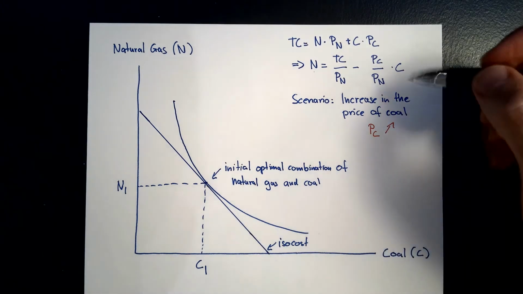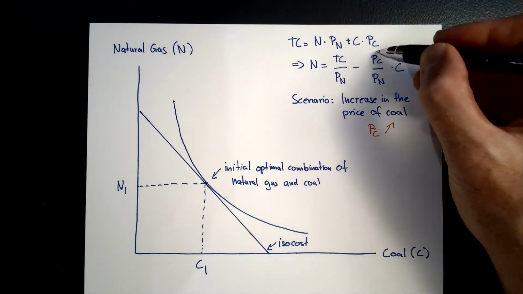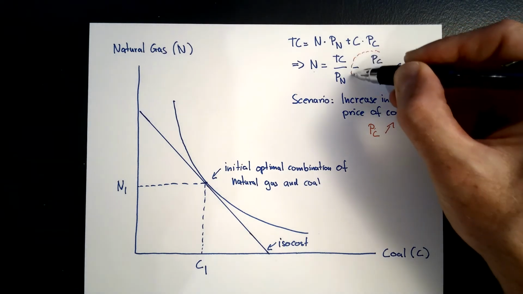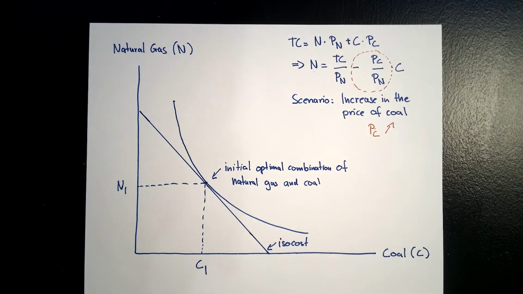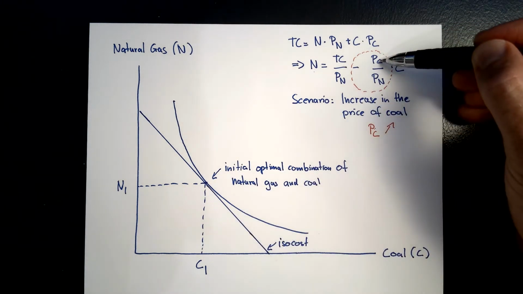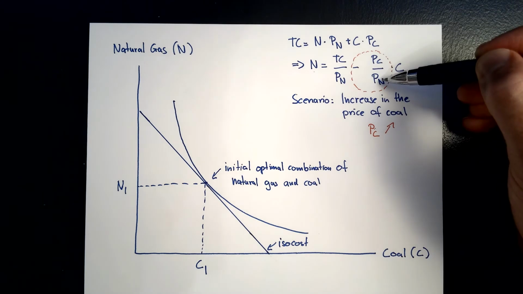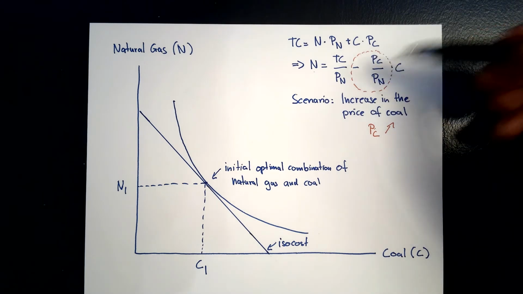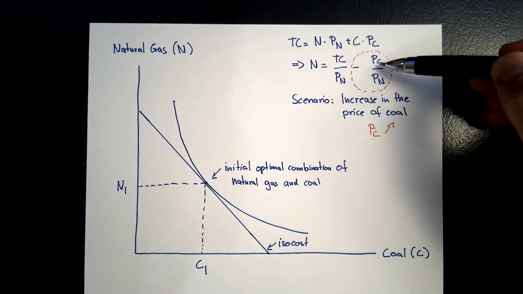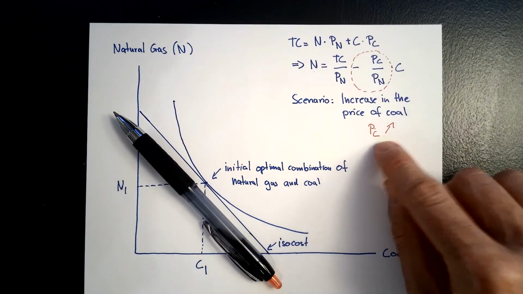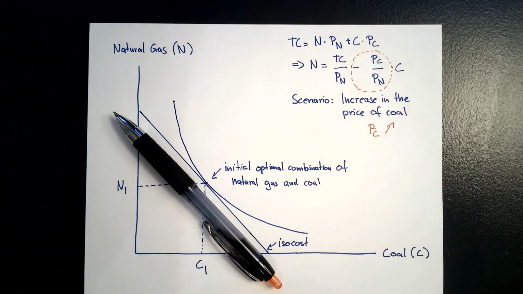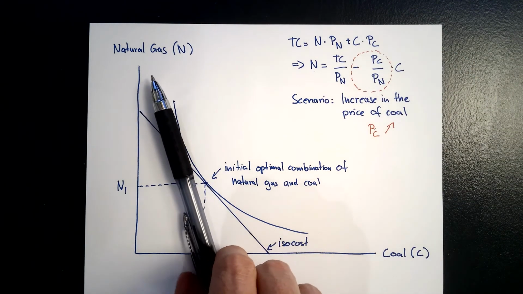Now, when the price of coal increases, you should notice that the slope here, the negative of the price of coal over the price of N, is not going to be the same anymore. But since Pc is increasing, the slope is going to get steeper, like this.